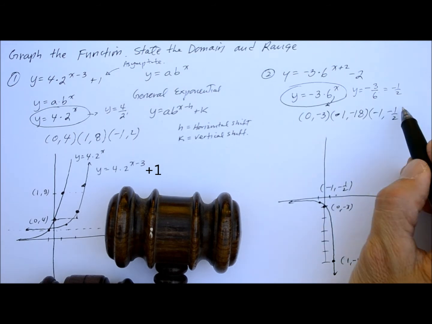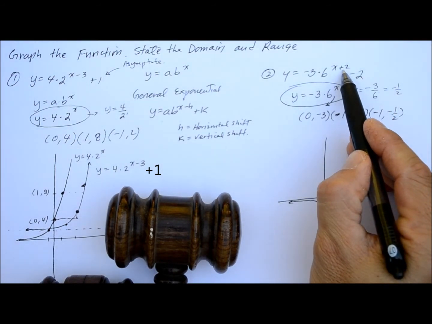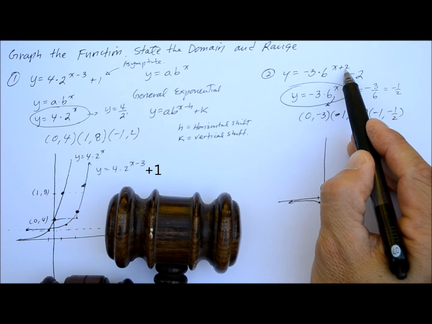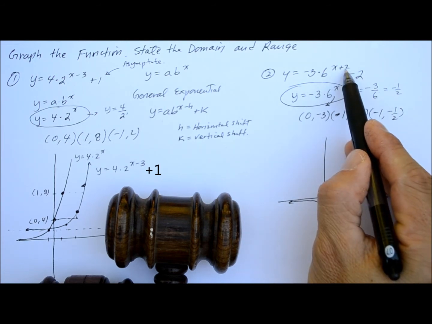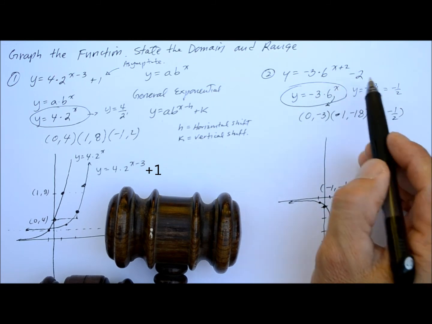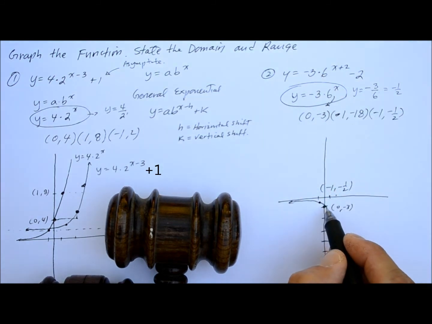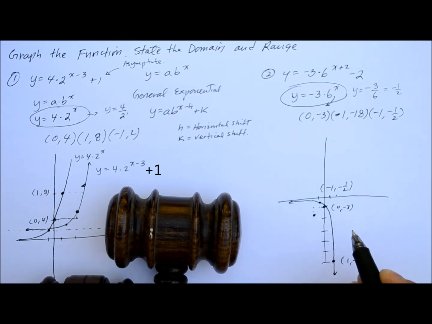Now there is a shift. Now it's the inverse of the h. So even though it's plus 2, we're actually telling this thing to shift 2 to the left, and down 2. So from here, shift 1, 2 and down 1, 2. Here's a new coordinate.